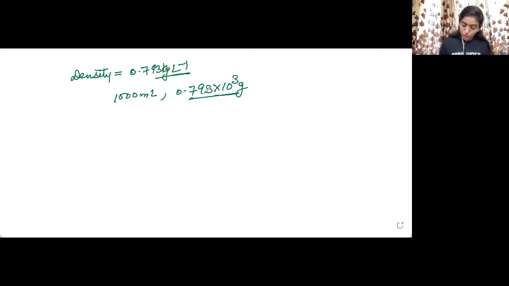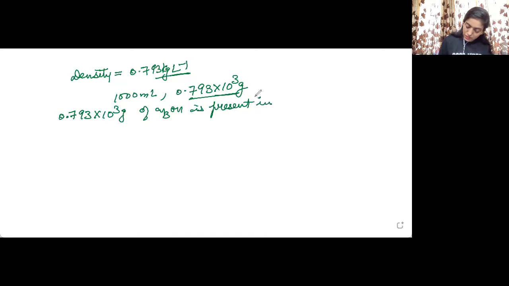All right, so this means 0.793 into 10 raised to the power 3 gram of methanol is present in a volume of 1000 ml.